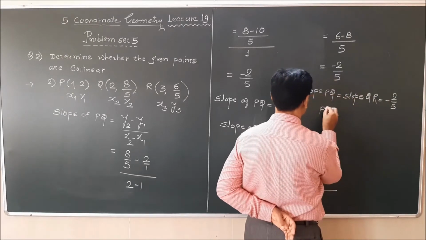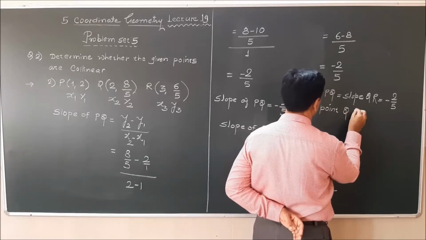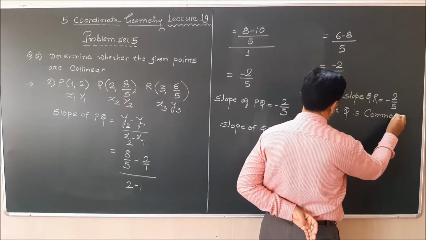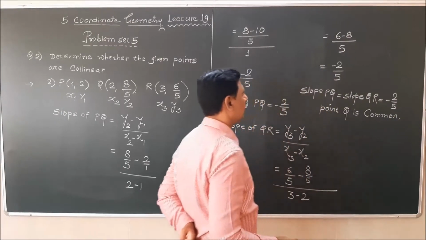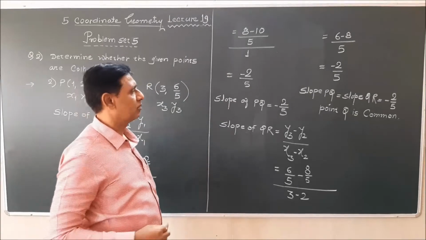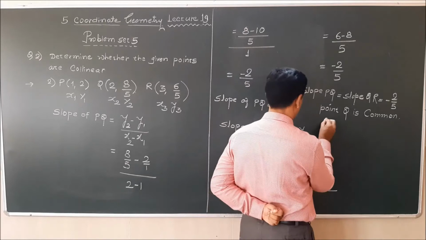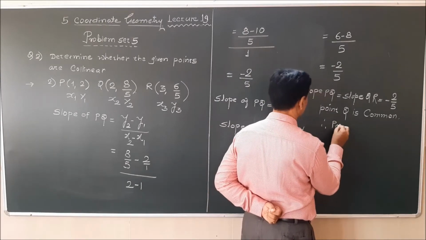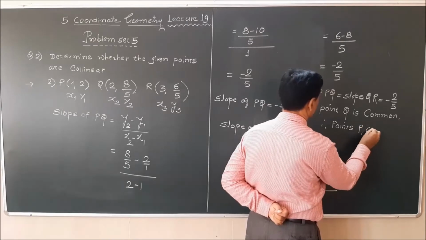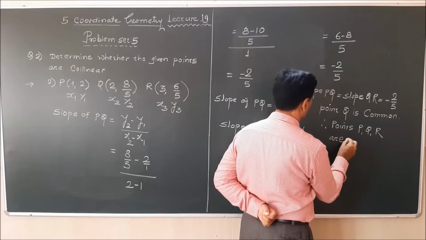Point Q is common. Slope of PQ is equal to slope of QR, and that is equal to minus 2 upon 5. Point Q is common. Therefore, points P, Q, R are collinear points.